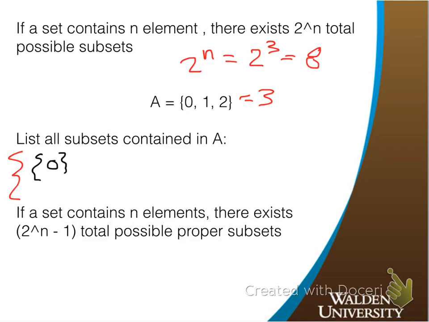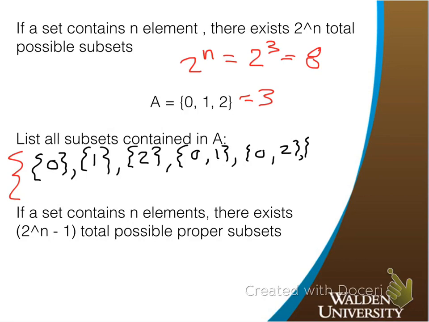All the subsets that are contained in A: if you had a set that just had 0 in it, that would be contained. {1} is a subset, {2}, {0, 2}, {1, 2}.